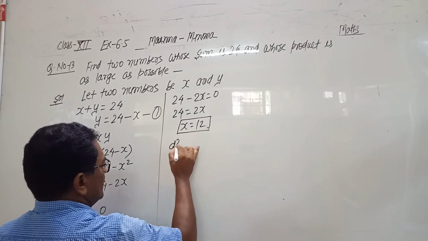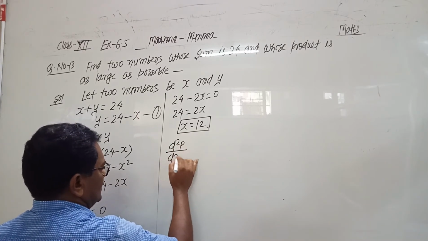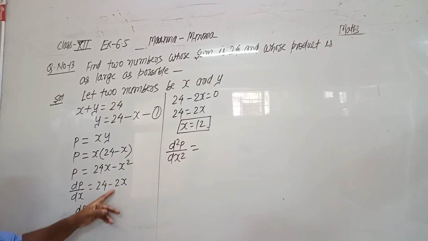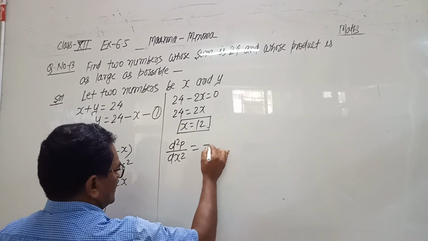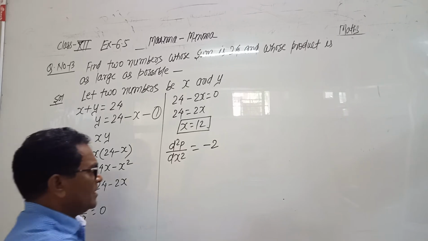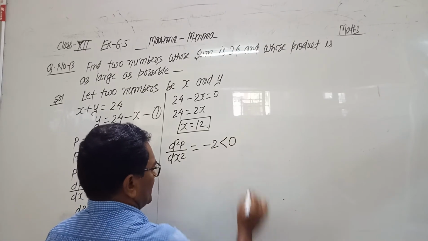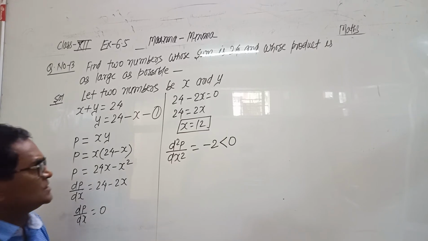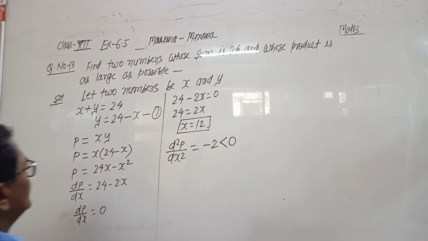Now we have to find its double derivative, d2P by dx square. 24 is a constant term, its differentiation is 0, and the differentiation of minus 2x is minus 2. So the double derivative comes out to be less than 0, and a double derivative less than 0 indicates that it has a maximum.